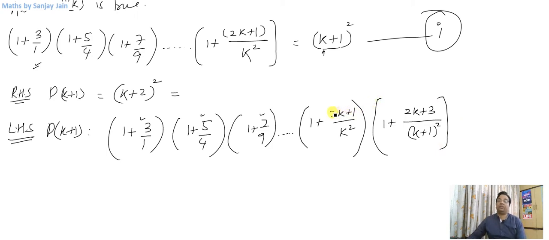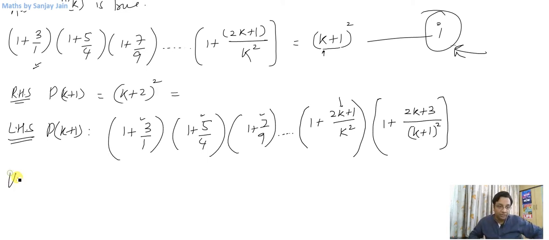Or what you can do is you can replace this k with k plus 1 and you will obtain 2k plus 3. So this is the left hand side which I will be working on. So how do I work on it? I always use P of k to prove that P of k plus 1 is true.